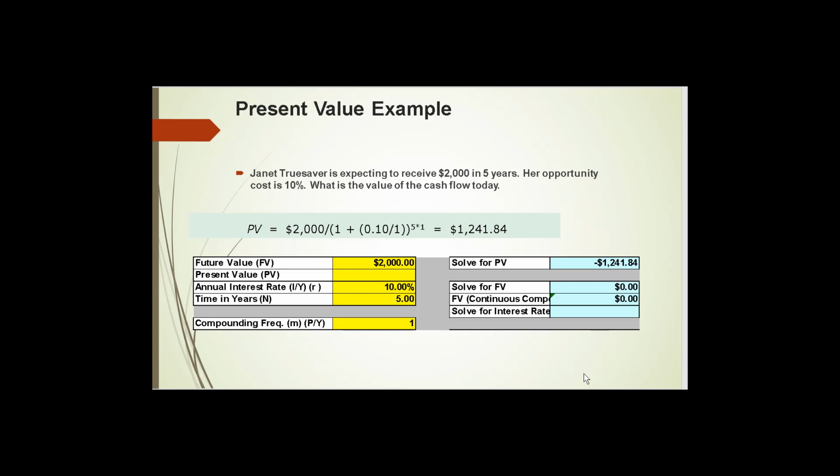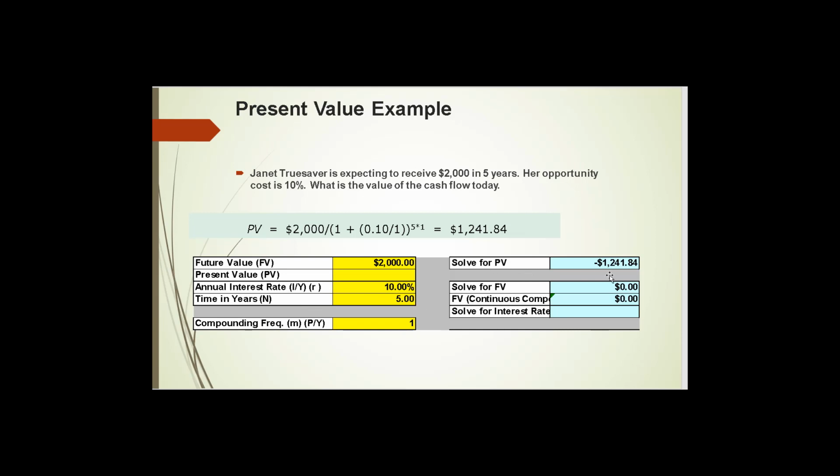So Janet Truesaver is expecting to receive $2,000 in 5 years. Her opportunity cost is 10%. So what is the value of that $2,000 in today's money? So again, you plug in the $2,000 as the future value, interest rate is 10%, time is 5.